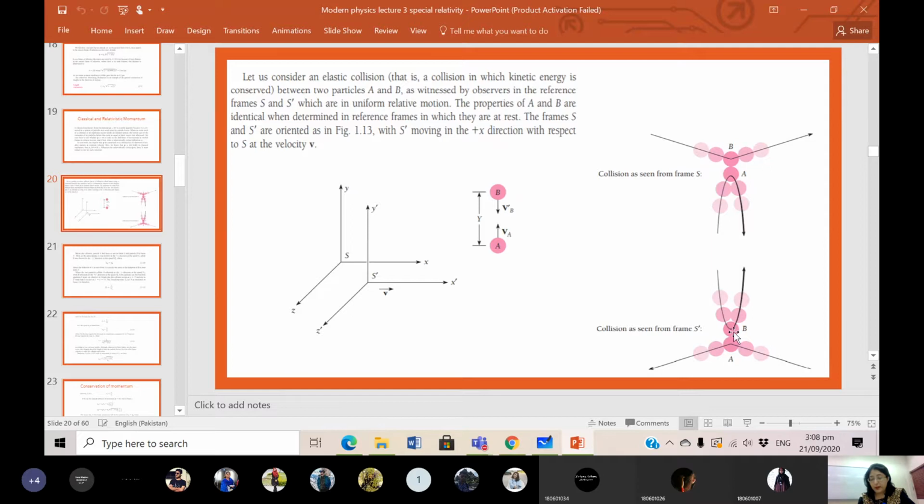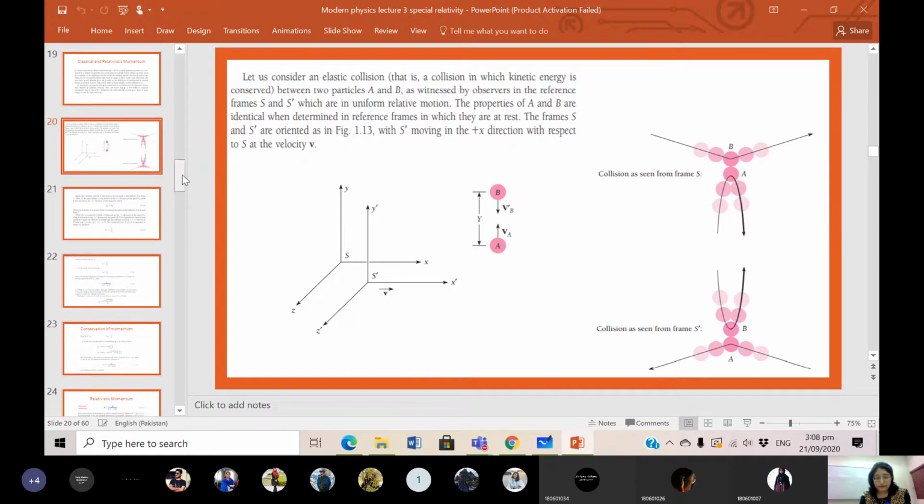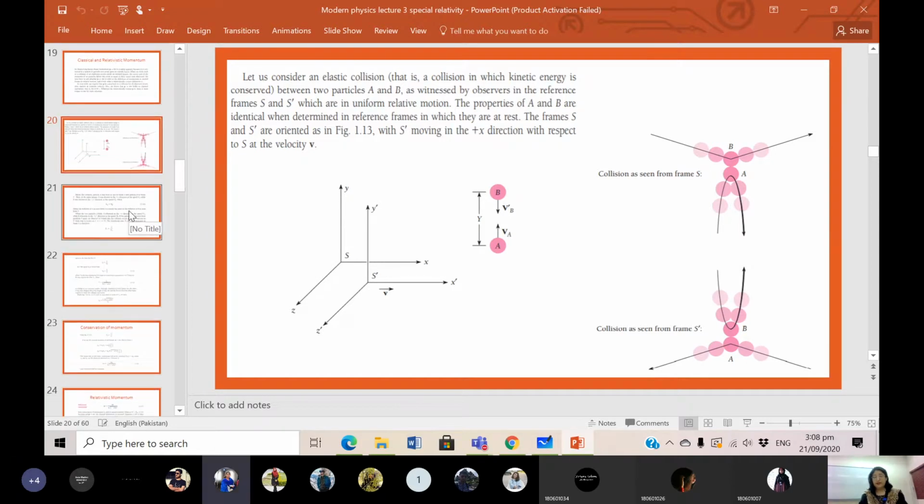Like this, up and towards the left, and then down towards the left. Any questions so far? I hope everyone is understanding the situation here.